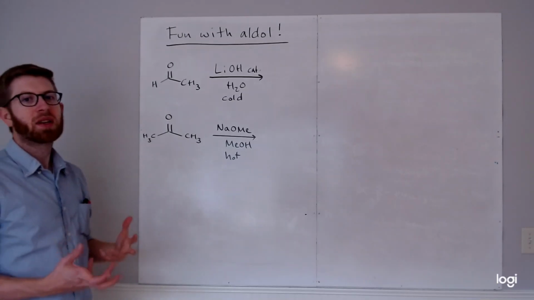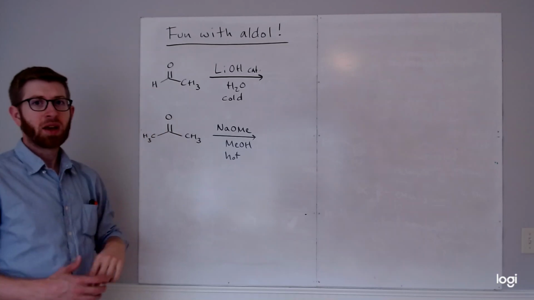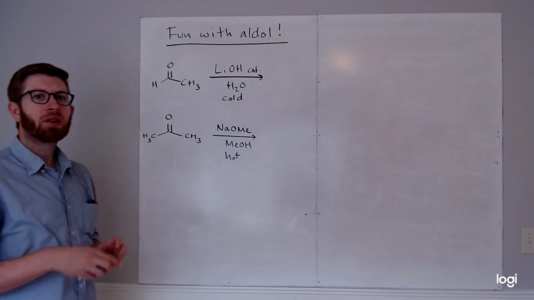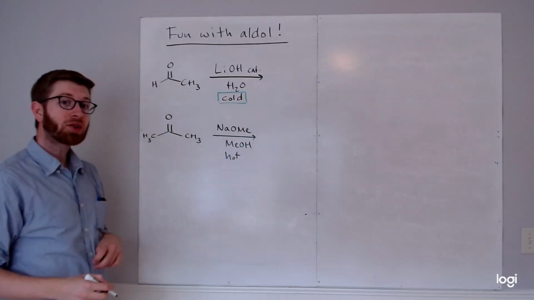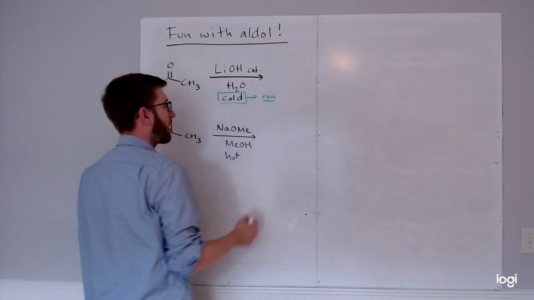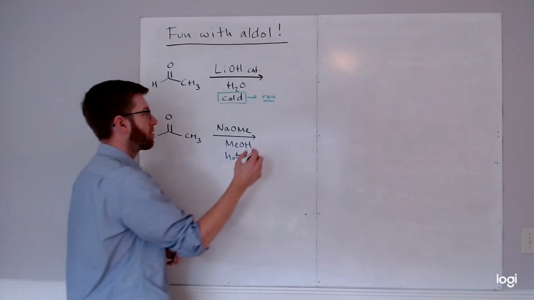There are a few things that I want to decode out of this set of context, so I know what kinds of structural changes to expect. The first thing I'm going to look at is the temperature information. This tells me that I'm doing an aldol reaction, not a condensation. And that tells me that my product will have an alcohol in it, a beta hydroxy group.